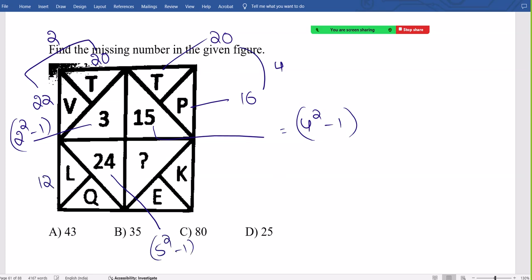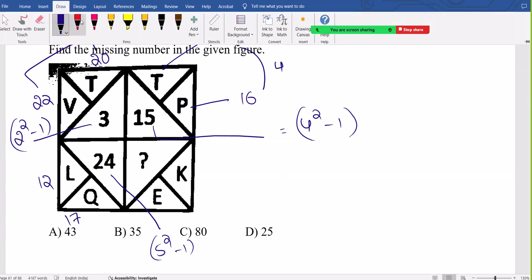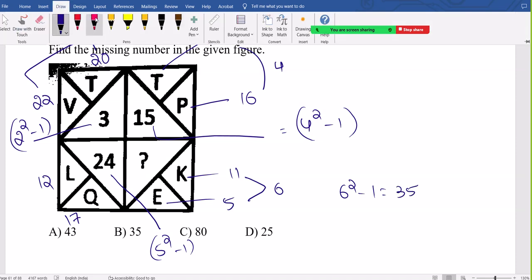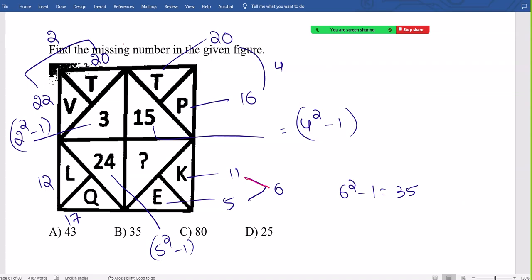Because this is 12, this is 17, 5 gap, 5 square minus 1. Similarly, this is 5, this is 11. Difference is 6. So the answer is 6 square minus 1. 35, option B is correct.